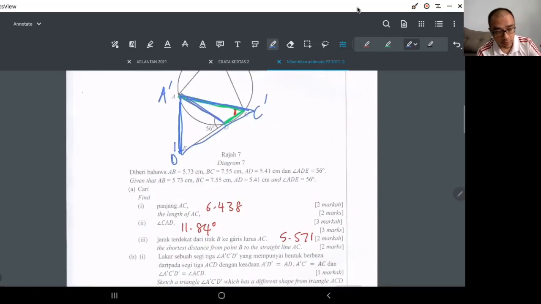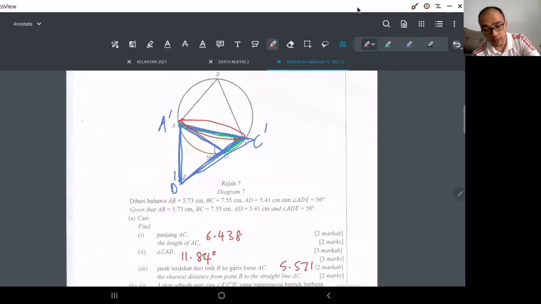Okay, so in order to find this new length, we have this length and we have this length. Hold on, I need to be able to see the diagram properly.